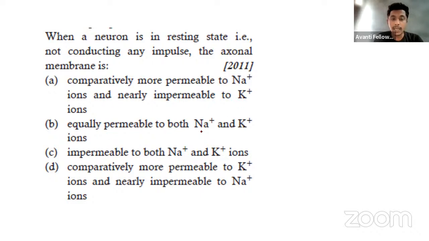The second option is equally permeable to both sodium and potassium ions. The next is impermeable to both sodium and potassium ions, and the last is comparatively more permeable to potassium ions and nearly impermeable to sodium ions. So I'll launch an MCQ poll. All right, so you have a minute to answer this question.